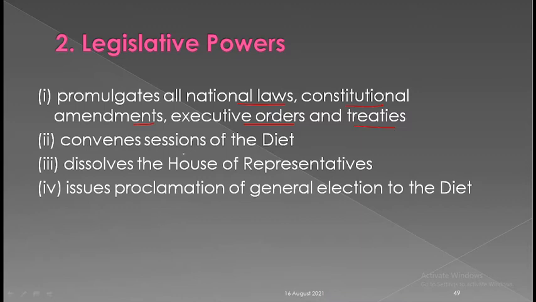He convenes sessions of the parliament or the Diet. At the same time, he also dissolves the House of Representatives if the Prime Minister or the Cabinet advises him to do so. He also issues the proclamation of a general election to the Diet. That also is advised by the Prime Minister and his Cabinet.